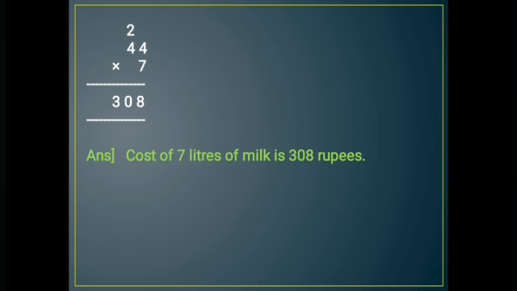So 7 fours are 28. 8 down, 2 carry. Then 4, again 7 fours are 28, 2 plus 28 is 30. So the answer is 308. So the cost of 7 liters of milk is 308 rupees.